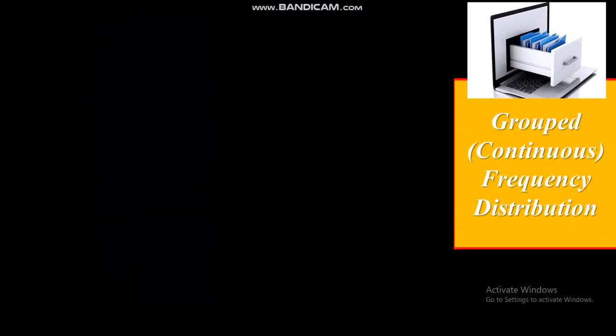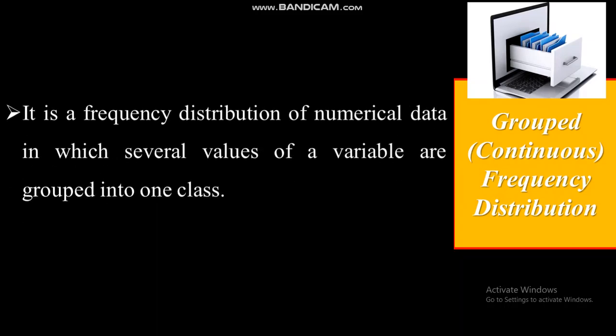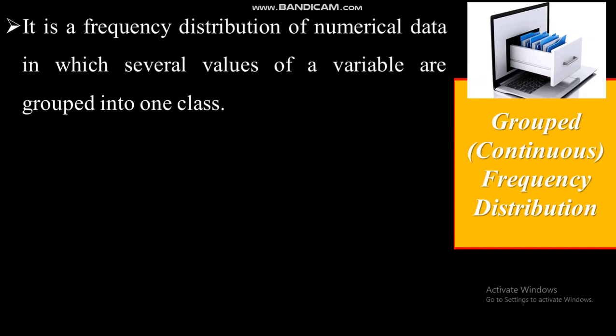The third type of frequency distribution is known as grouped frequency distribution, also known as continuous frequency distribution. It is a frequency distribution for numerical data in which several values of the variable are grouped into one class, such as 1 to 5, 6 to 10, 11 to 15, 16 to 20. It depends on the values in the data set.